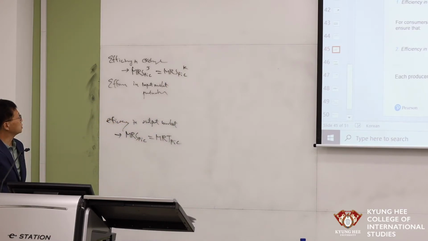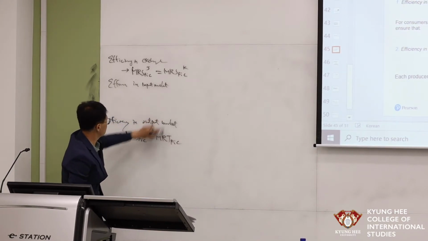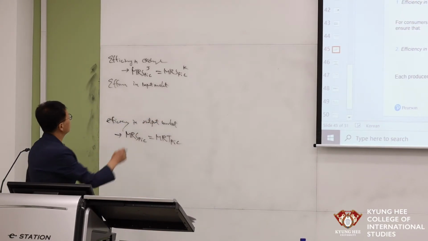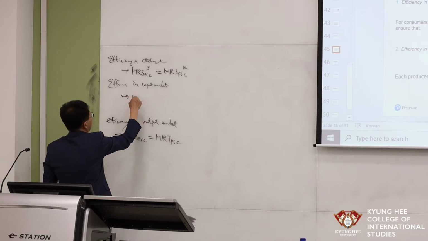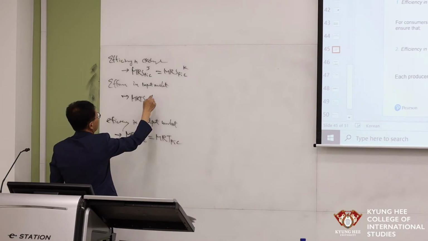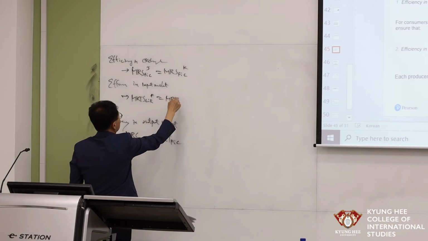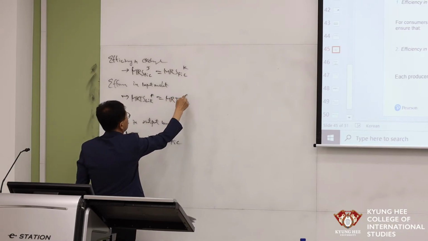That is efficiency in exchange. Efficiency in production or input market is MRTS, labor capital for food production is equal to MRTS, labor per capital in clothing production.